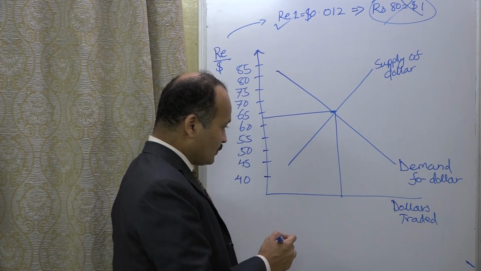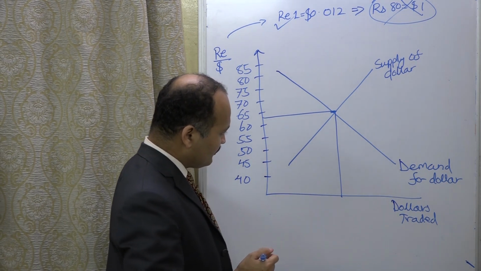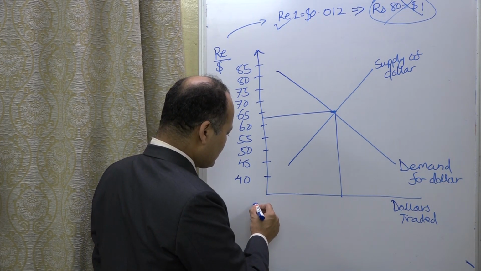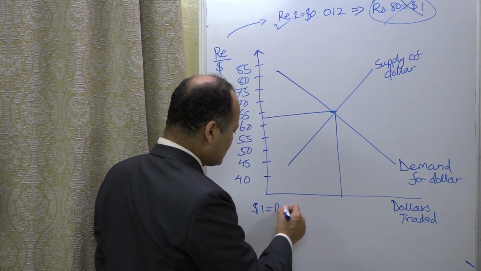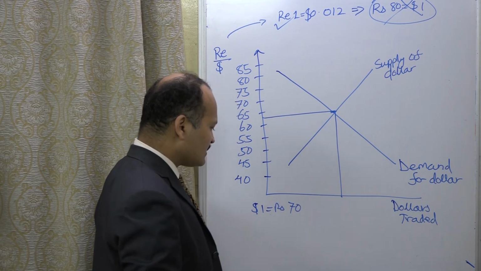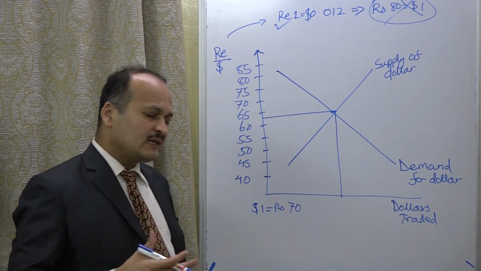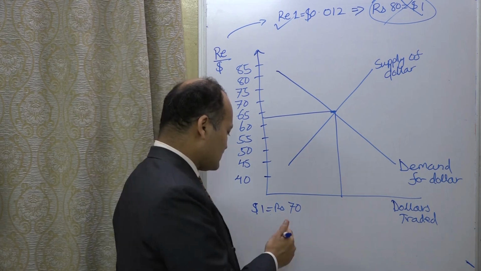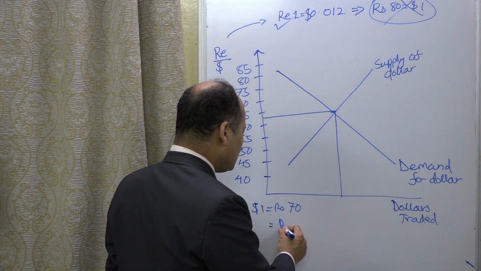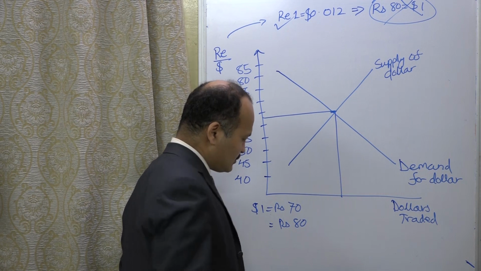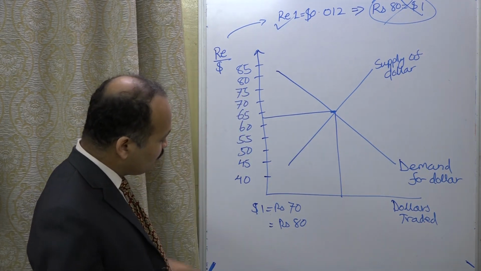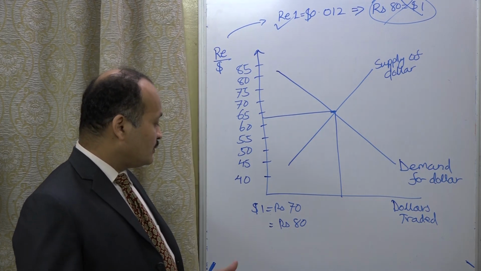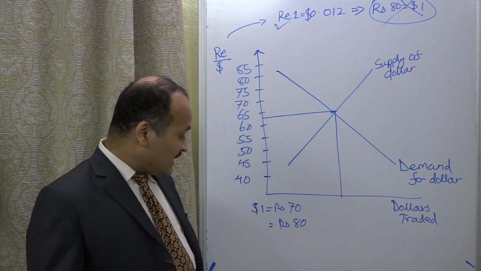Let us consider again, suppose initially the exchange rate was $1 equal to 70 rupees. But the speculators have an expectation that the rupee will depreciate further to 80 rupees in the next, say, 2 months. When you are expecting the rupee to depreciate as a speculator, you will try to buy dollars.